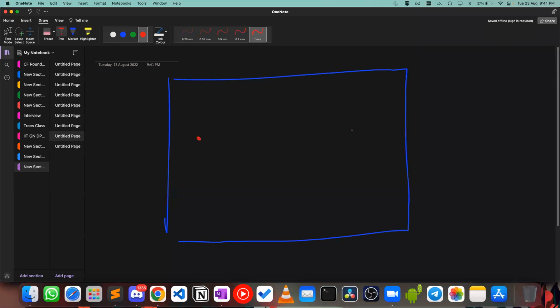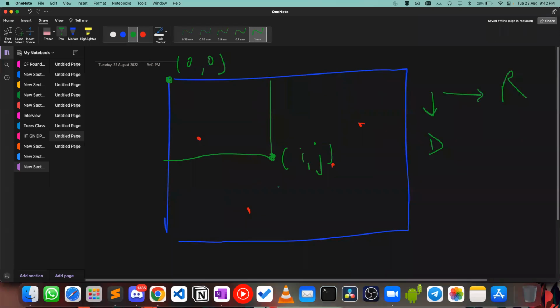So you have some traps. What you're saying is that if this is the i, j cell, aren't these two the same thing? If I'm going from 0, 0 to this cell i, j by going down or going right, or if the problem is going from i, j to 0, 0 by going up and going left, aren't these two the same?